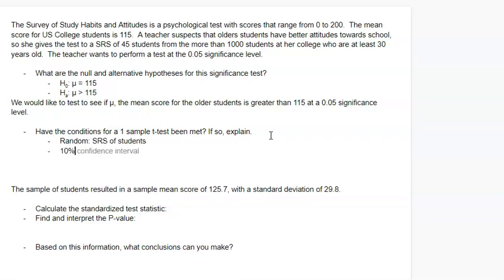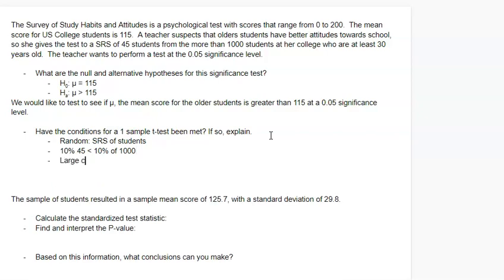The next condition is that the sample has to be less than or equal to 10% of the population. 45 is, in fact, less than 10% of 1,000, right? And then, of course, the large counts rule.